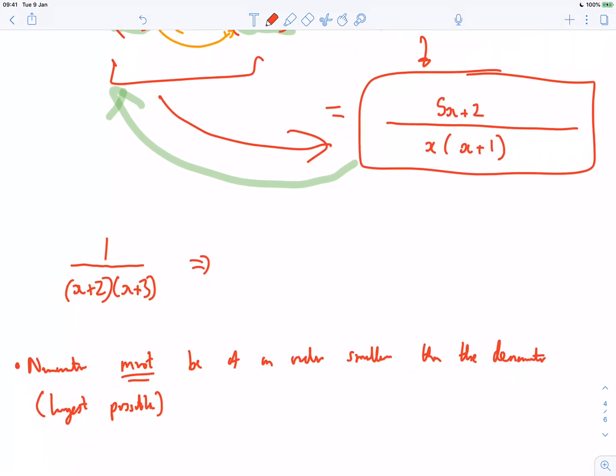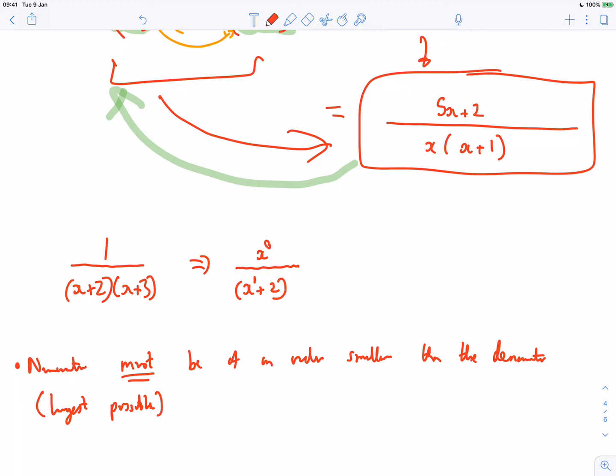Okay, so what does that mean? It means if I've got x plus 2 on the bottom, like so, this is x to the power 1. That is the highest power of x. So I can't have an x to the power 1 on the top. That's the same order. It has to be smaller.